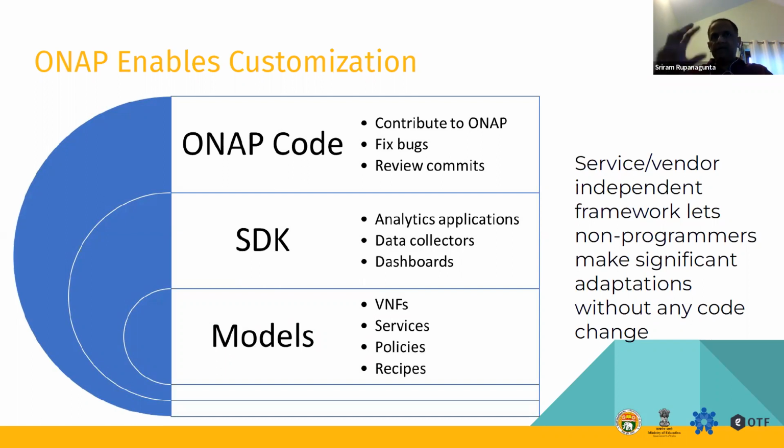The second level requires some programming expertise. And the third level requires some deep expertise of ONAP. So each one has increasing complexity. But the message of this slide is that you can contribute at different levels without really being a programmer.